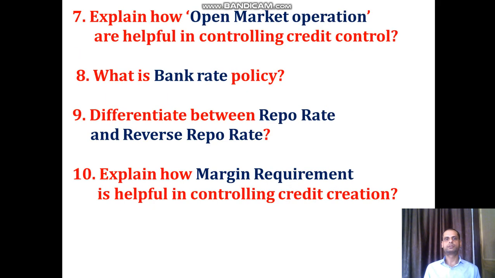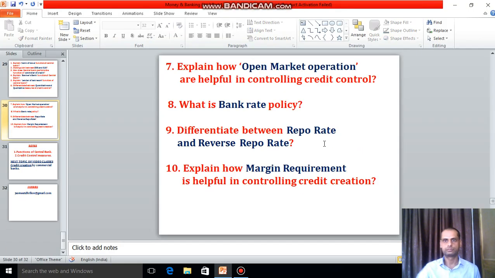Now question number 7. Explain how open market operations are helpful in controlling credit, or you can say in controlling credit. Yes, you can correct it.